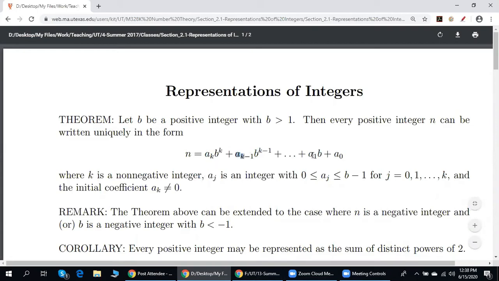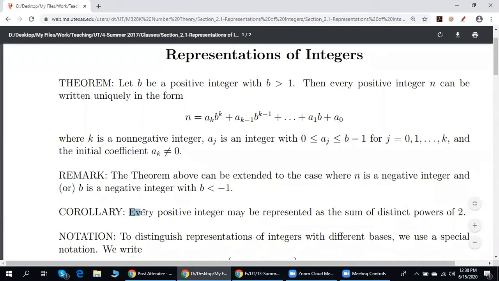Each coefficient here satisfies the following double inequality: aj is greater than or equal to 0 and less than or equal to b minus 1. Moreover, the initial coefficient is not equal to 0.